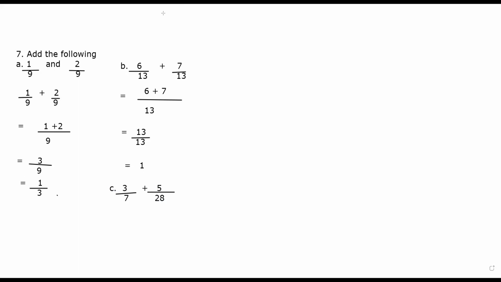Now we have to take the LCM. You know that this is an unlike fraction, so take the LCM because the denominators are different. My dear student, you have to take the LCM. I will not work it out because it is very easy. So the LCM of 7 and 28 would be 28. So now the denominator equals 28.